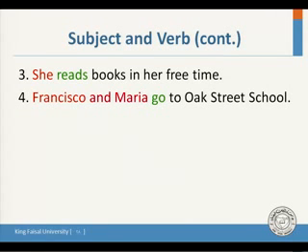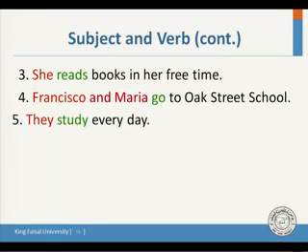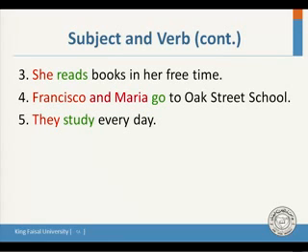Number 4. Francisco and Maria go to Oak Street School. Where is the subject? Francisco and Maria. And the verb is go. And number 5, they study every day. They, Francisco and Maria. They, subject pronoun.